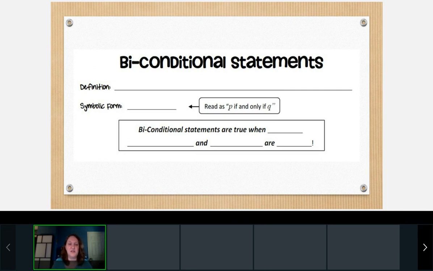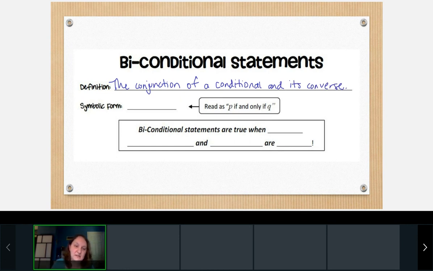All right, with our conditional statements, we also have biconditional statements. Remember, bi means two. So we're going to have two conditional statements together. The definition of a biconditional statement is the conjunction, fancy for putting together, the conjunction of a conditional and its converse.